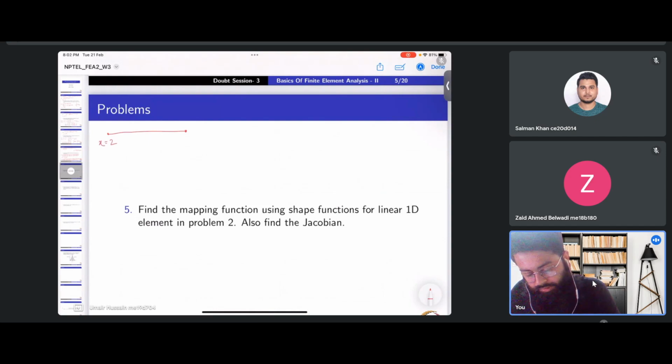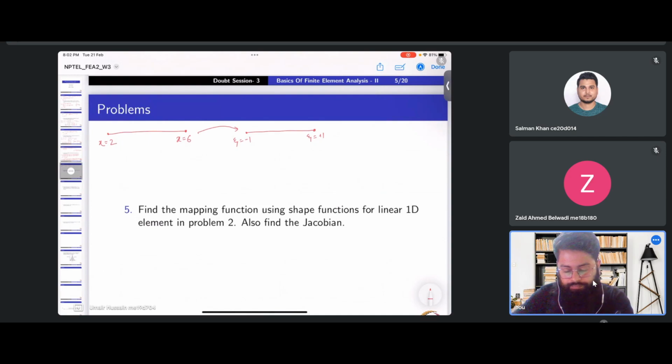So x equals 2 here, x equals 6 here. You need to map it to zeta equals -1 to zeta equals +1. So we need to use shape functions to find this mapping.